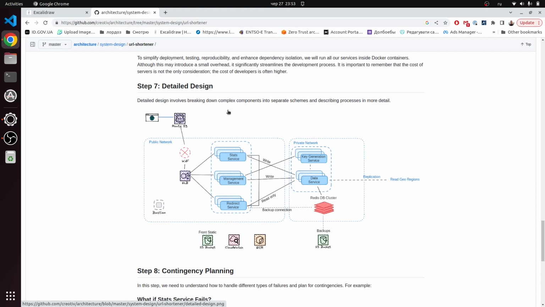What is logic breaking? It's basically when you have some use case, for example add a new URL, and you write a design for only this case. For example, what services you will need to accomplish this task. You don't include other services for that.